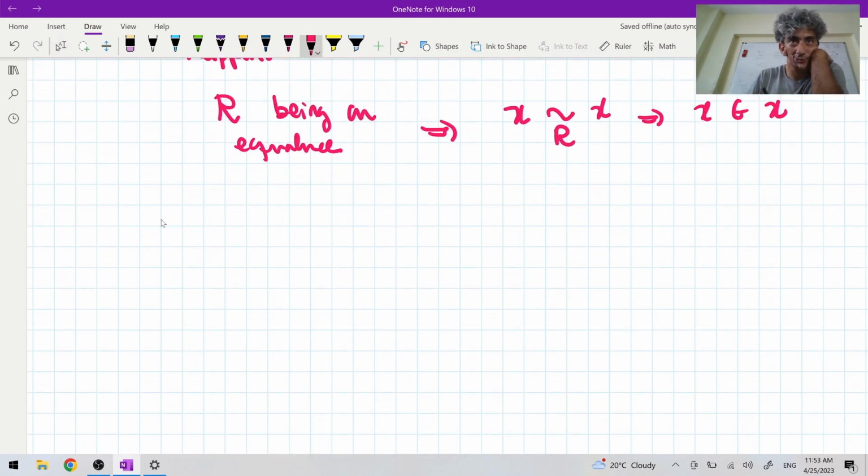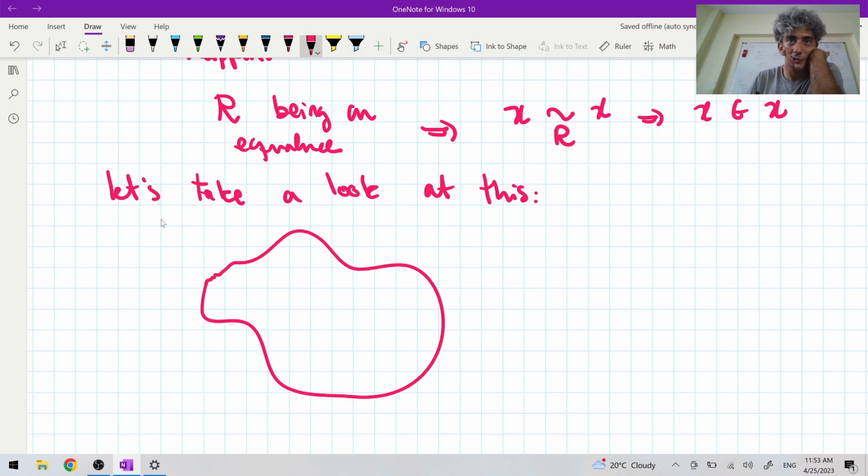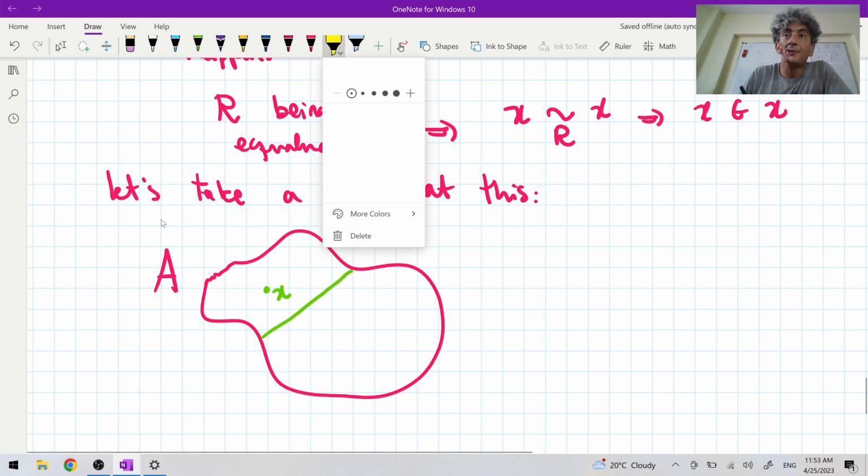Let's take a look at this. Suppose that you have an original set called A, and here lies X. And for some reason you determine that all the ones that are related to X lie here.